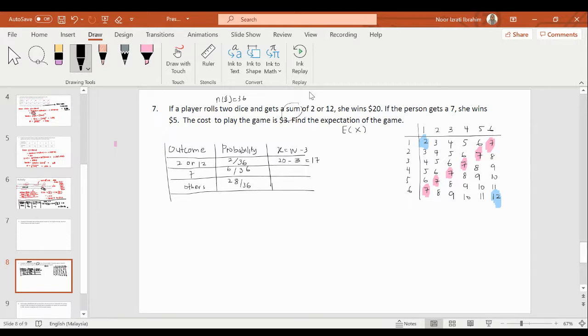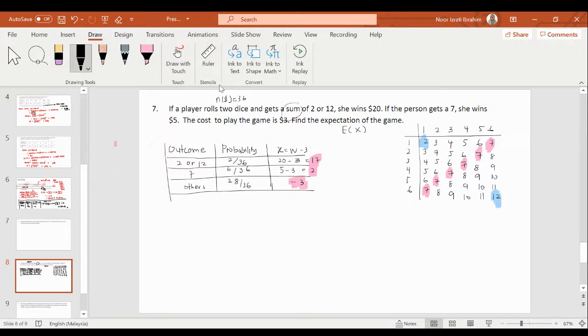If she gets 7, she wins 5, and 5 minus 3 equals 2. If she gets others, she wins nothing, meaning she just pays $3 for the game, which is -3. So this gives us the x values 17, 2, and -3.